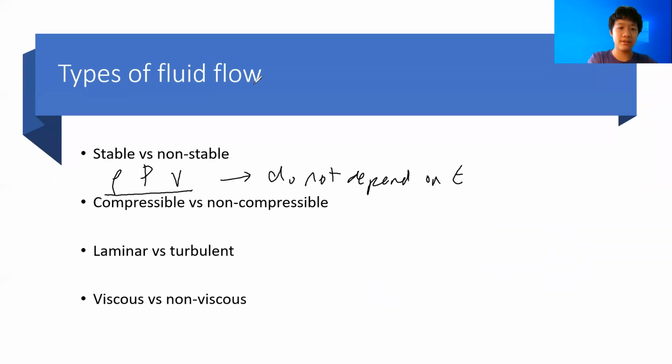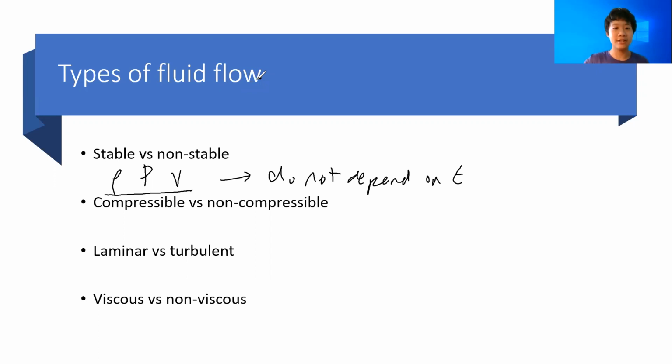Now I've got another type, which is called compressible versus non-compressible. So this is pretty self-explanatory. When a fluid is compressible, it means we can compress it down. If you remember from last week, I discussed how the density of a fluid can change based on the pressure or the temperature of the fluid around it. So when we apply a pressure to a fluid, we can constrict it down by compressing it.